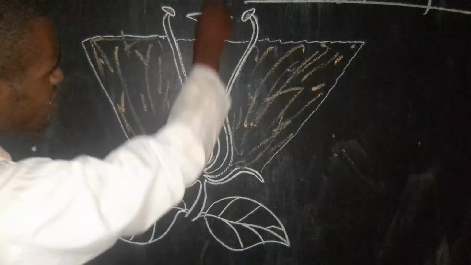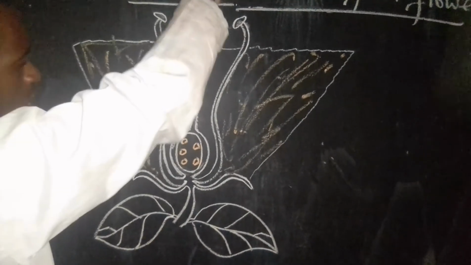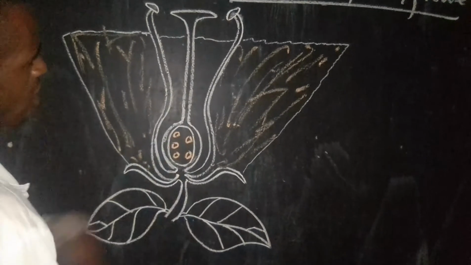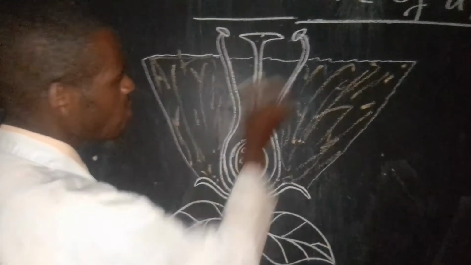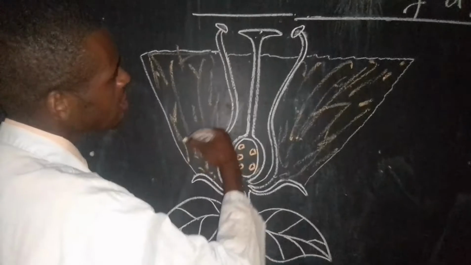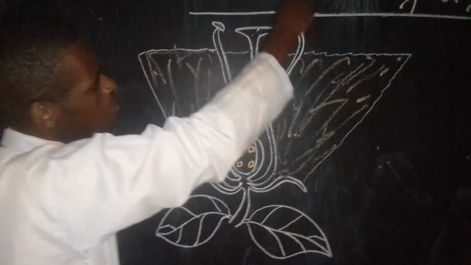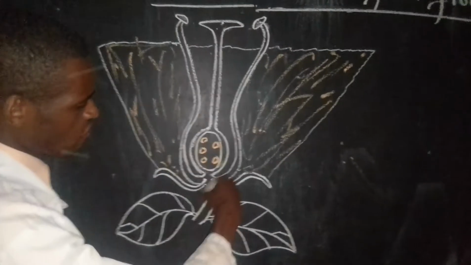This part is the inner part, which is inside the flower. This part is very important. This is the male reproductive part of a flower.